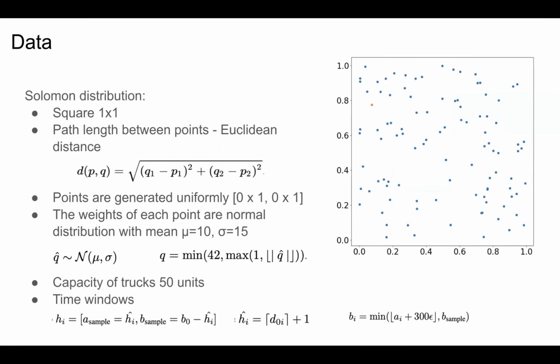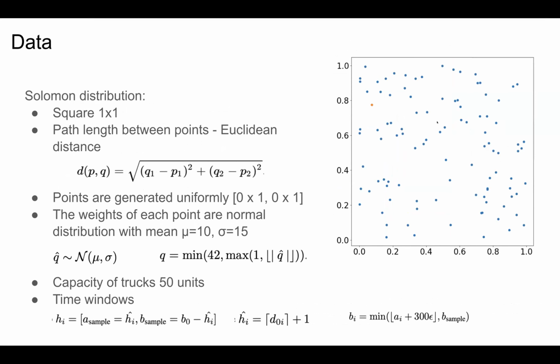Let's talk maybe more about the data which we used. All experiments were carried out on generated data from the Solomon distribution, which is kind of classic data for the problem of vehicle routing optimization. Here we have a 1 by 1 square. The points here are uniformly distributed.